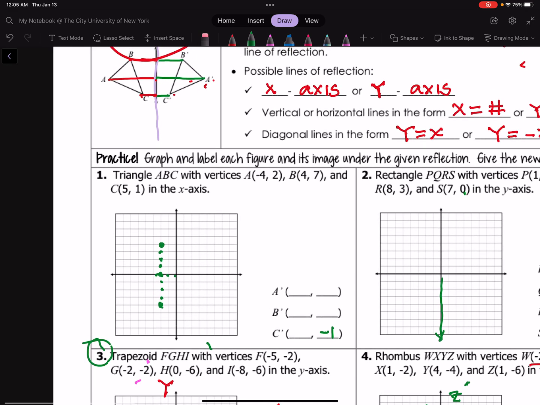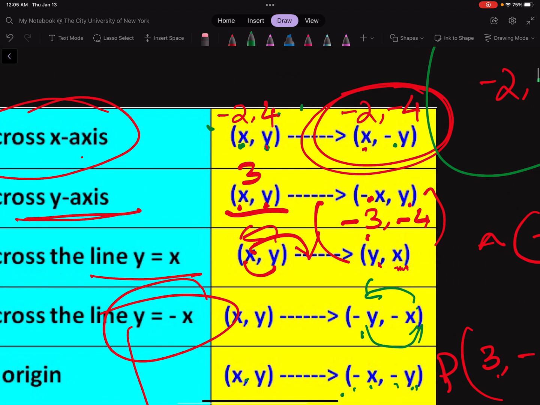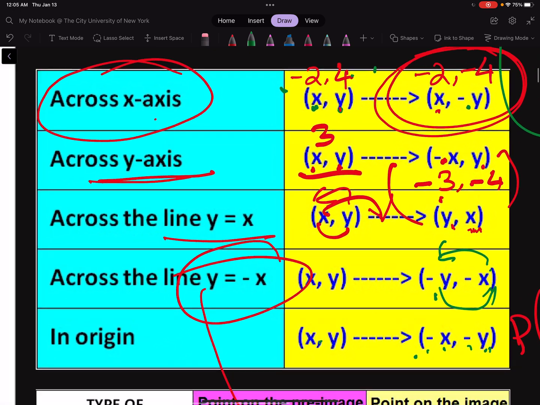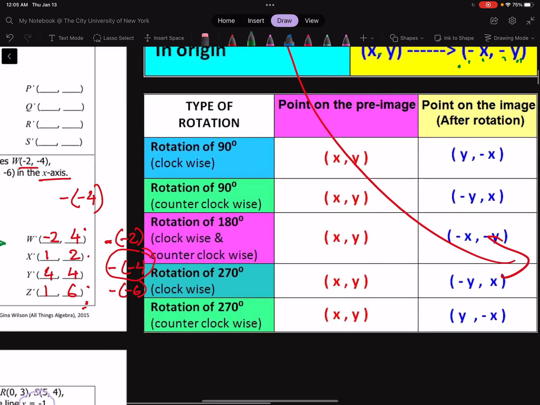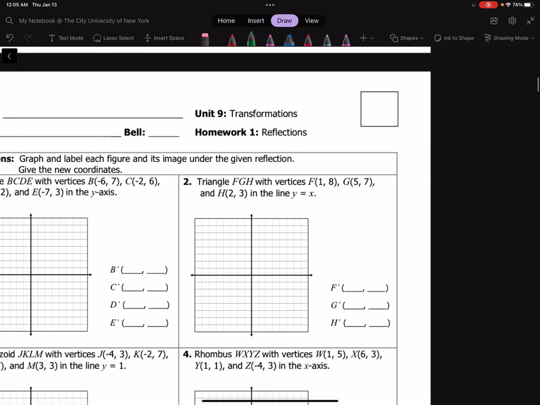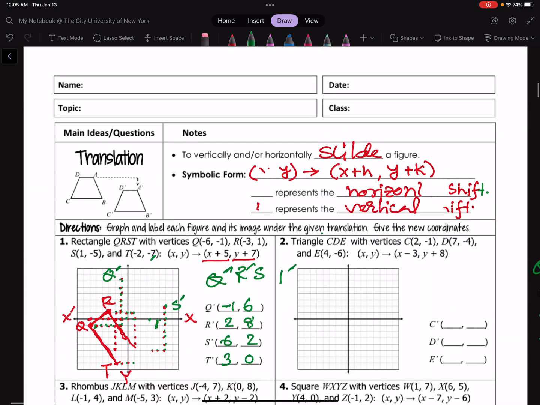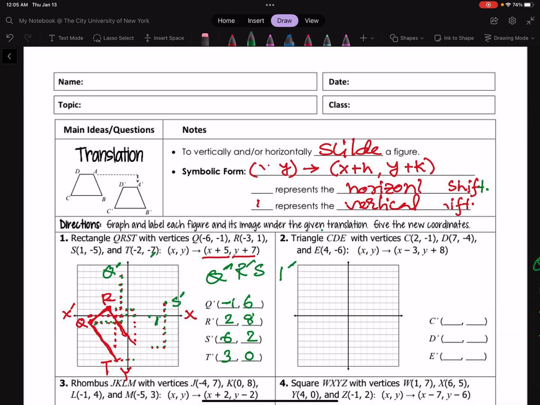Get the coordinates: x is -2, y is -4. You see, this exactly matches. So if you know that, that will be fine. I'm not going to give you any graphing or anything like that. And translation is much easier.